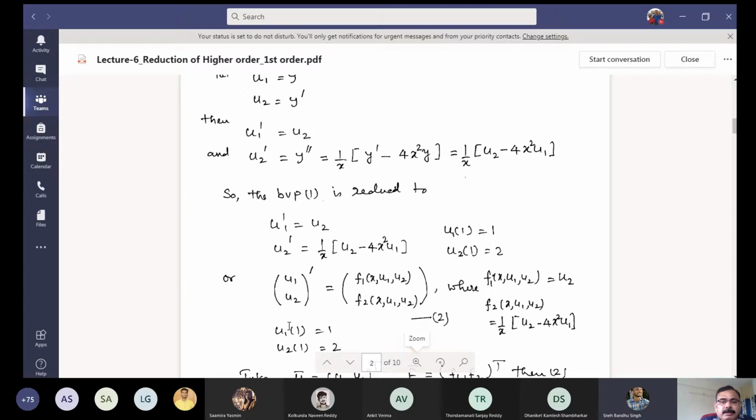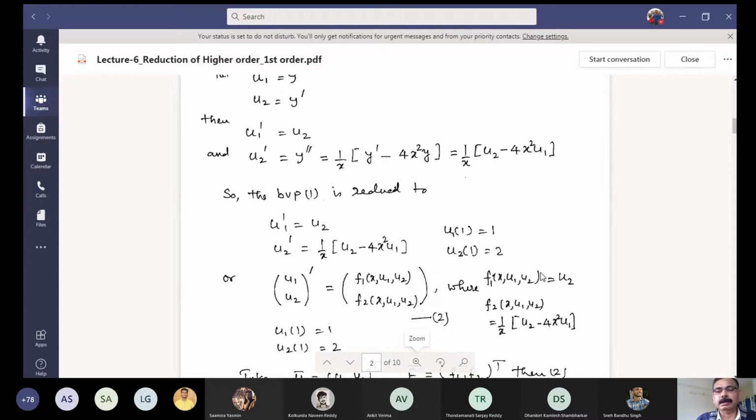Yes, sir. Okay, so we can write this as a system of equations: u1 prime and u2 prime on one side, and on the other side a general form, f1 of x, u1, u2 and f2 of x, u1, u2. Here the first depends only on u2, but in general it may depend on u1, u2 and x.